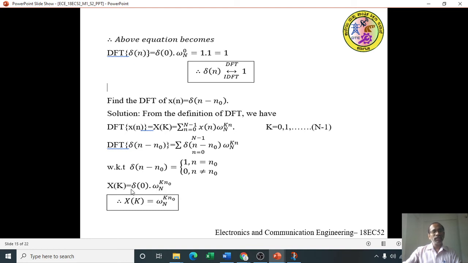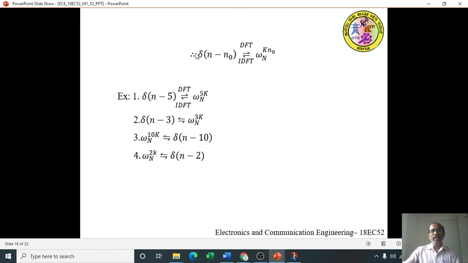From the definition we know delta of 0 is 1. So your answer is omega N power k n naught, and we say that delta of n minus n naught has an N-point DFT of omega N power k times n naught. Reverse, omega N power k n naught has an IDFT of delta of n minus n naught. To understand this problem, I have tried all these 4 examples.